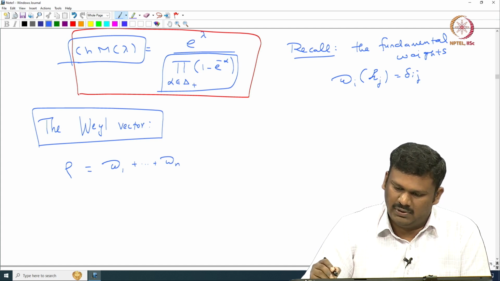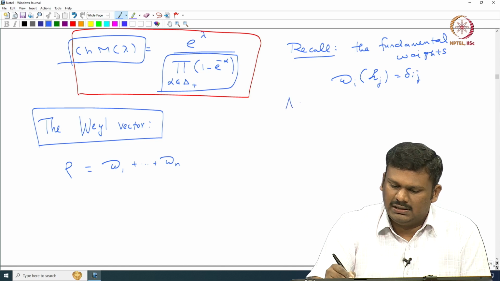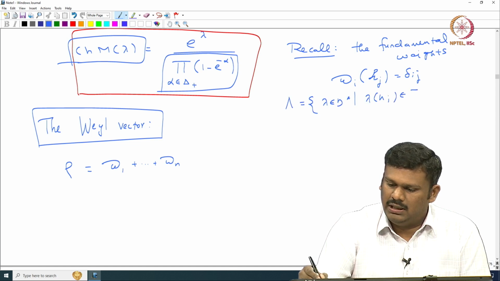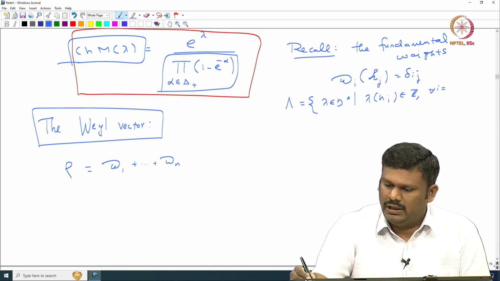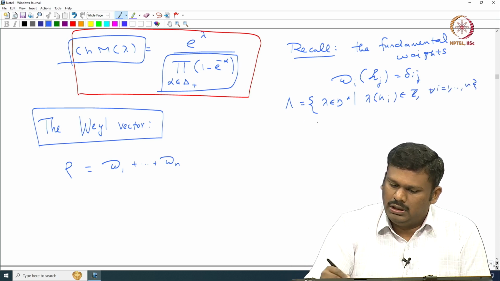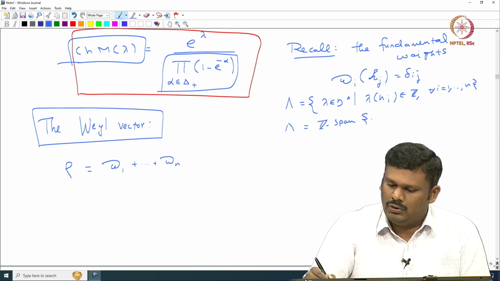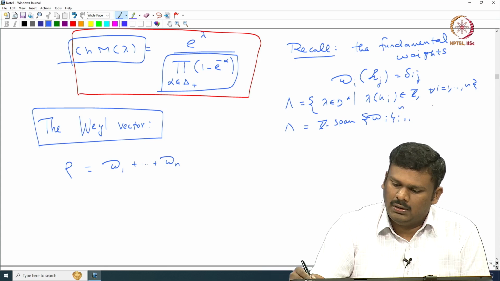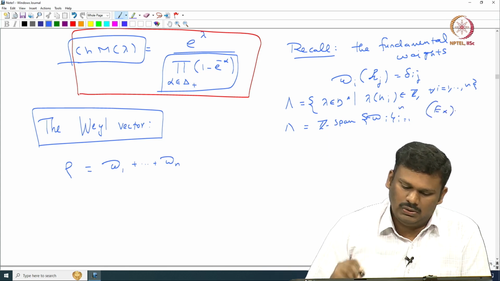That is something we have already seen. The weight lattice is defined to be those lambda in h star such that lambda of h i is an integer for all i ranging from 1 to n. Then using the fundamental weights, one can see that this is the Z span of omega i, i ranging from 1 to n. If you have not done this exercise, you should do it.